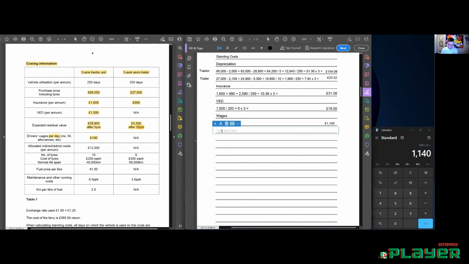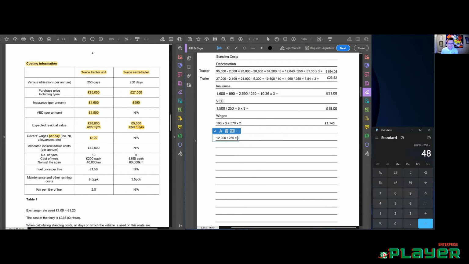So again, admin, 12,000 divided by, because you're trying to find out what it costs you every day in admin, 250. So 12,000 divided by 250 gives 48.